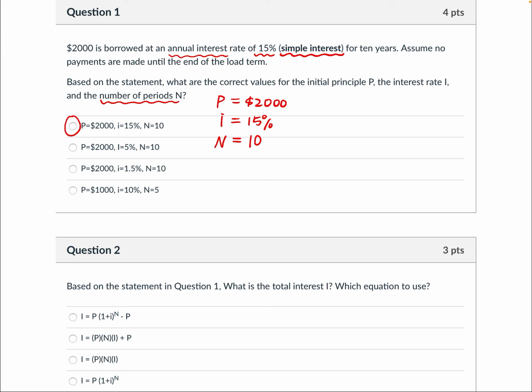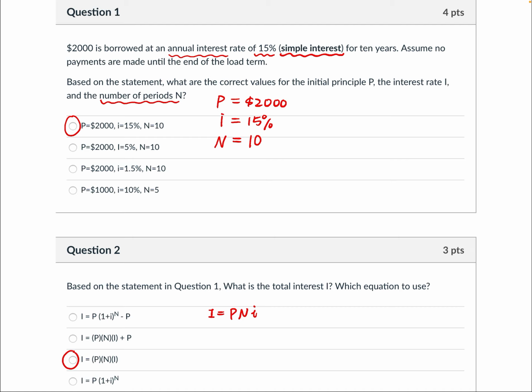Based on this statement in question 1, what is the total interest I? Which equation to use? Okay, so this is very easy. The simple interest formula for I is P n i. So that's going to be this one. I think there is a typo in the options.